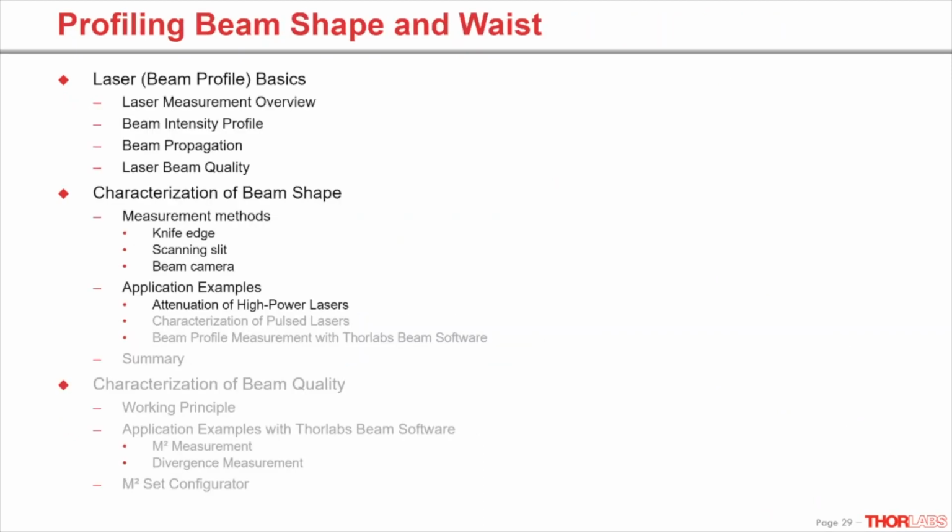As already mentioned, a sufficient attenuation of the laser beam is necessary before it can be exposed to the beam profiler. The easiest way to attenuate a laser beam is the use of a neutral density filter, as it is built into the filter wheel of the camera beam profiler.